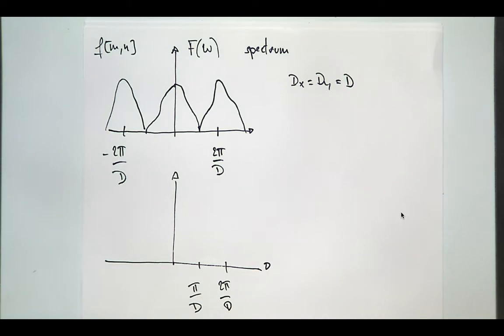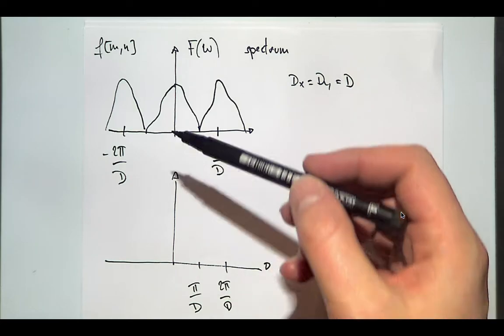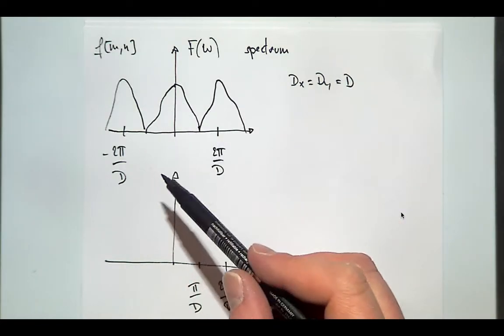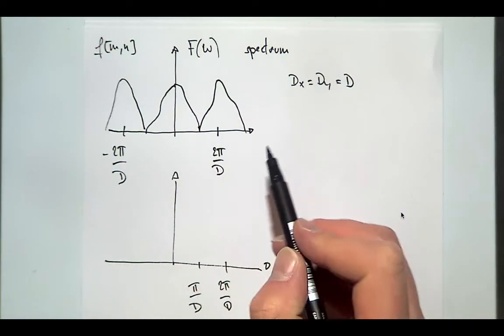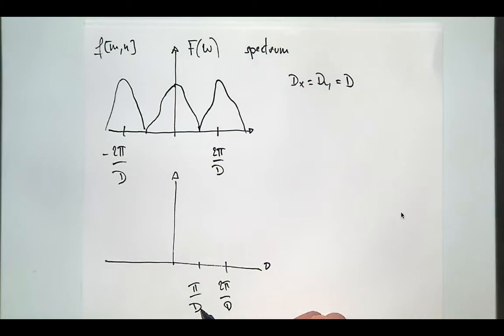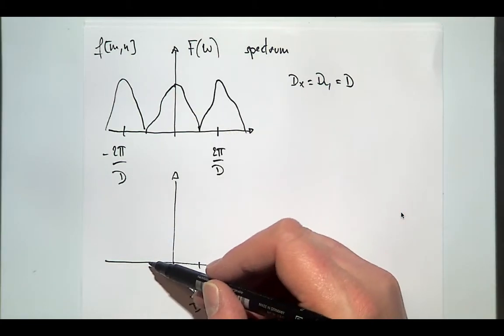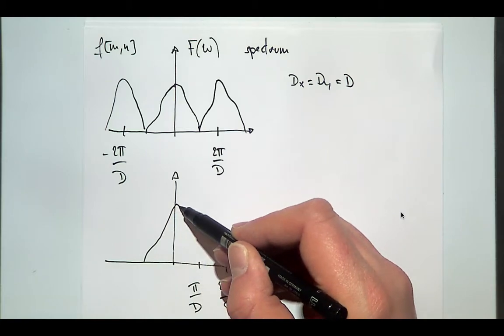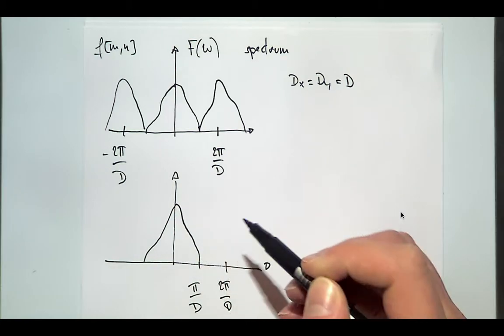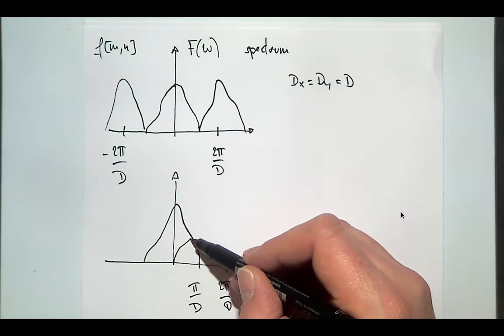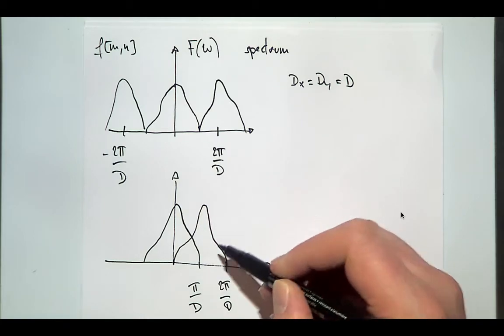So instead of having the replication every 2 pi over d, we're going to have a replication every pi over d, which is a bit of a problem. Your original signal looks like this, but now this signal is going to be replicated here as well.